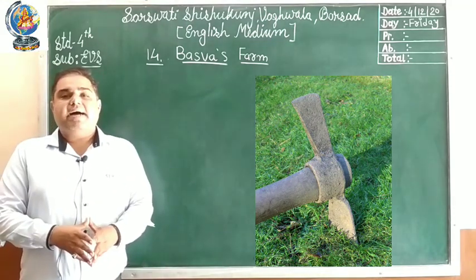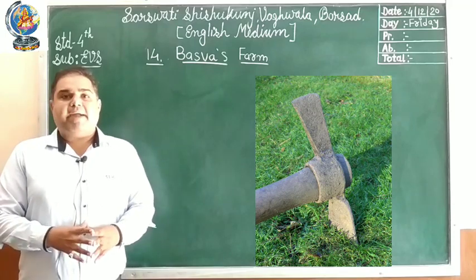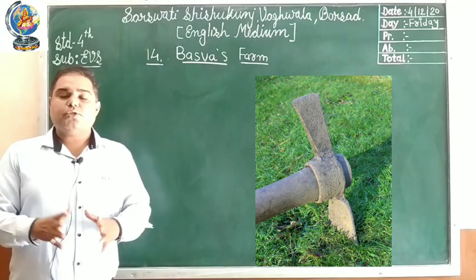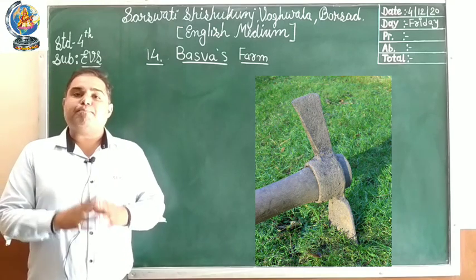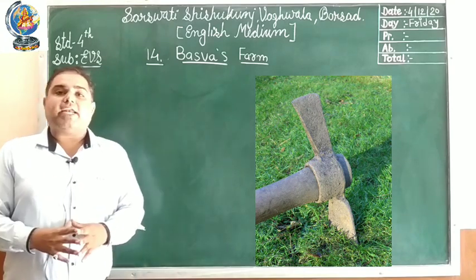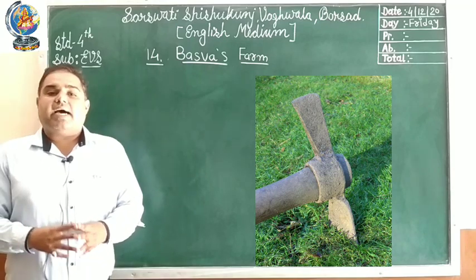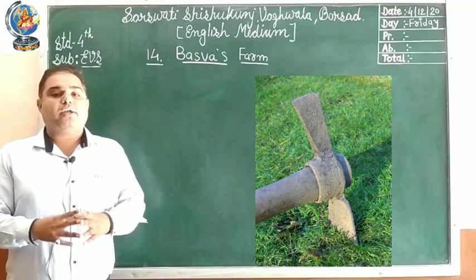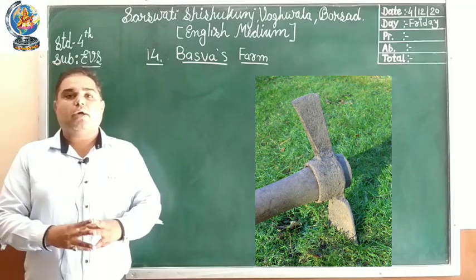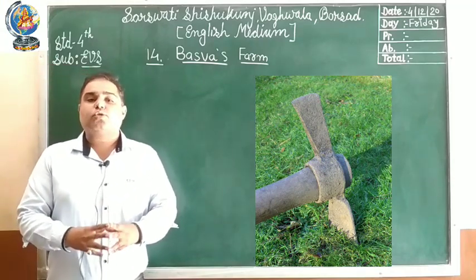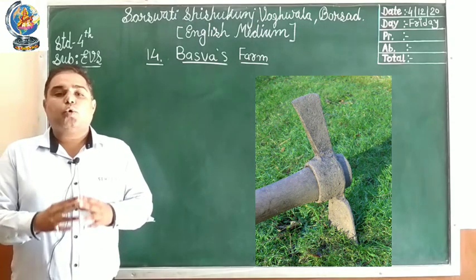Students, in Basva's area, an implement called Kunti is used to loosen the soil. What is this implement called in your area? The answer is, the implement used to loosen the soil in my area is called Kunti or Kodali.